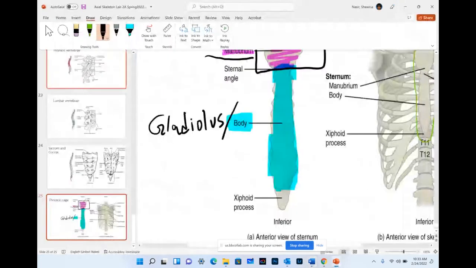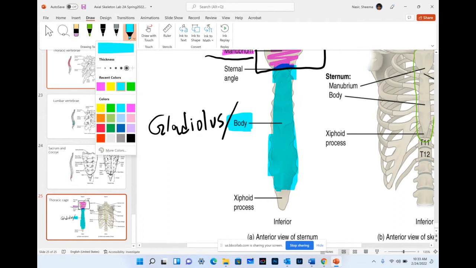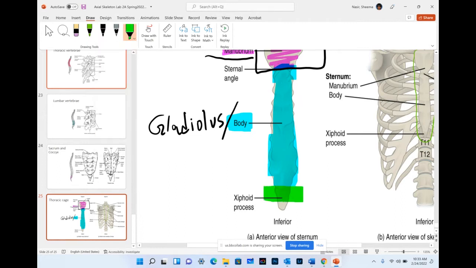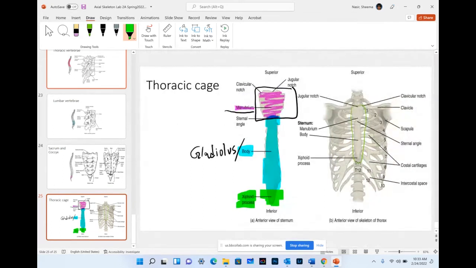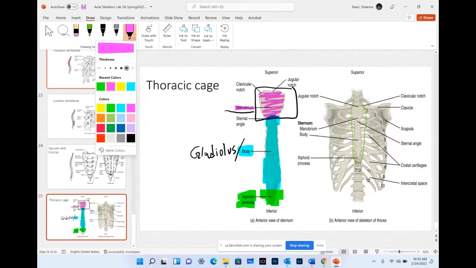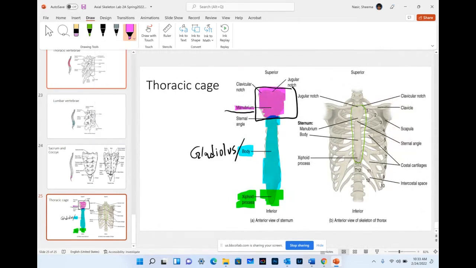So you have gladiolus and body, and then the lower part of it is called this right here. That is called your xiphoid process, the lower part, okay? So this makes up your what? Very good. This is going to make your sternum right here, right? Okay.